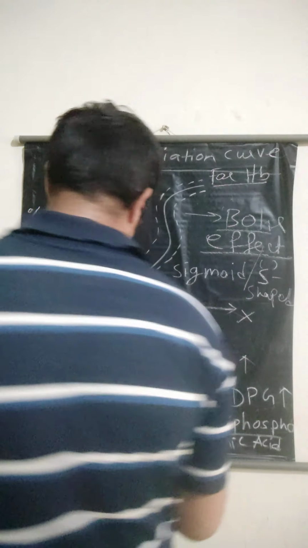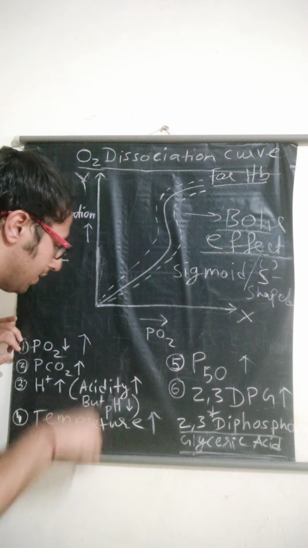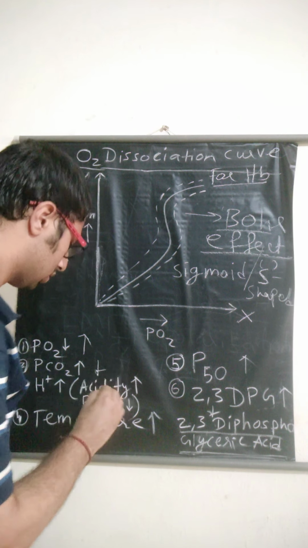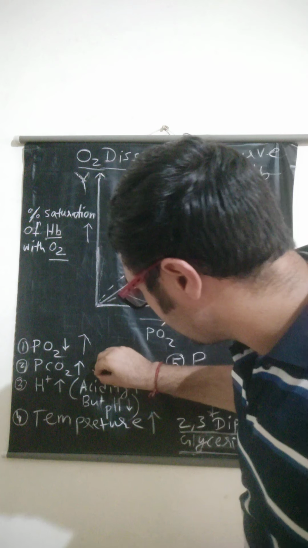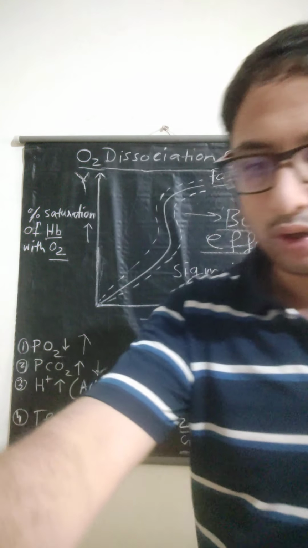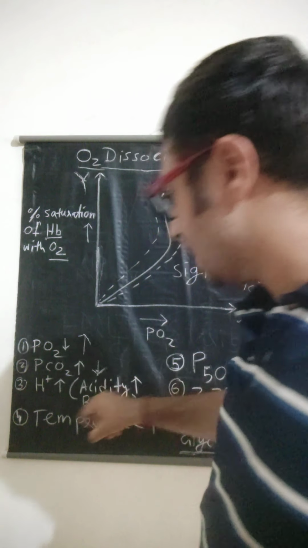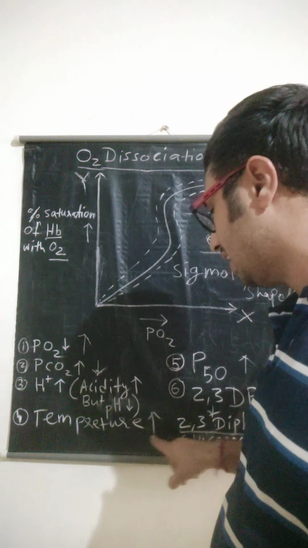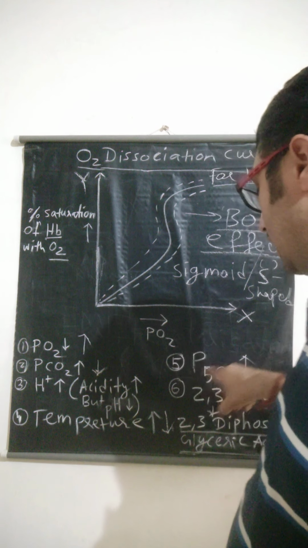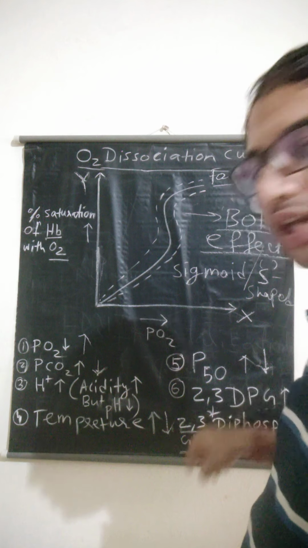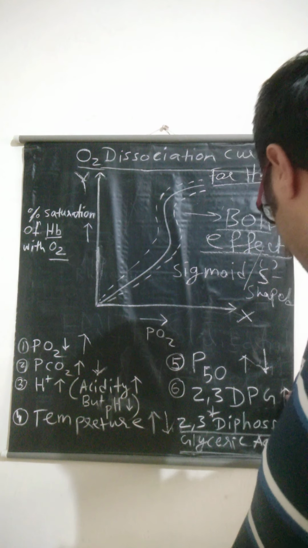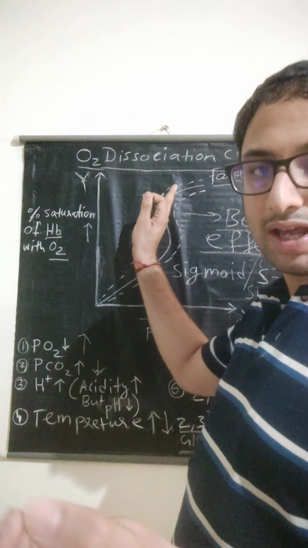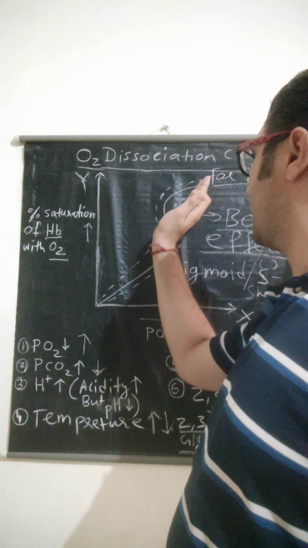Partial pressure of oxygen should be high, partial pressure of carbon dioxide should be low, H plus ion concentration should be low, so acidity should be low and basicity high, temperature should also be low, P50 level should be low, and 2,3-DPG level should also be low. Clear?